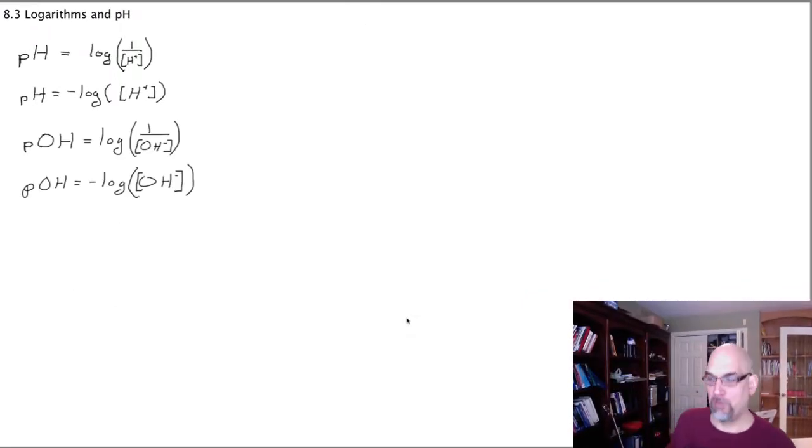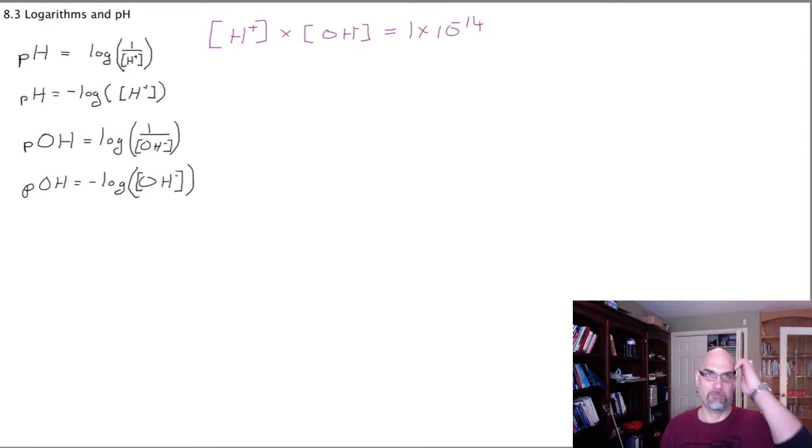Now we're going to talk about the pOH scale. Now remember, we have this formula from before that relates OH and pH: H, my molar concentration of hydrogen ions, times OH, my molar concentration of hydroxyl ions, always equals 1 times 10 to the -14.